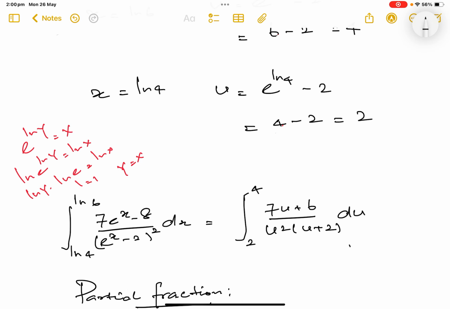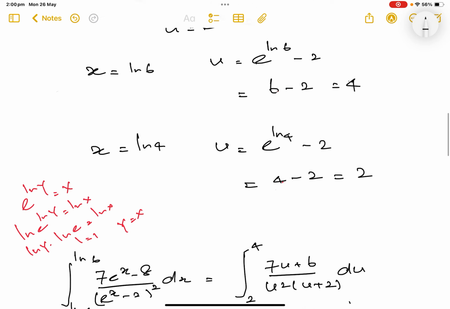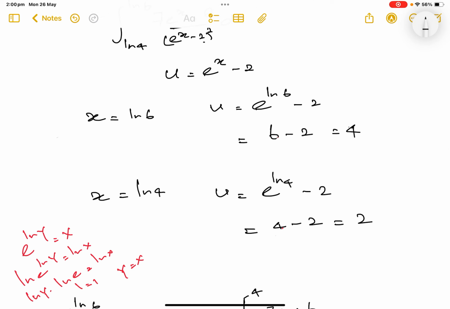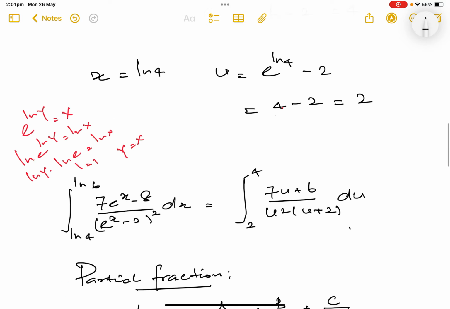Then the power becomes a multiplier, so ln y times ln e equals ln x. ln e is 1, since the base and the number are the same. The log of e to the base e is 1, and log 10 to the base 10 is 1. So just ln y equals ln x. Remove the log, so y equals x. So whatever y is, that's the value. So e to the power ln 6 is 6, and e to the power ln 4 is 4.